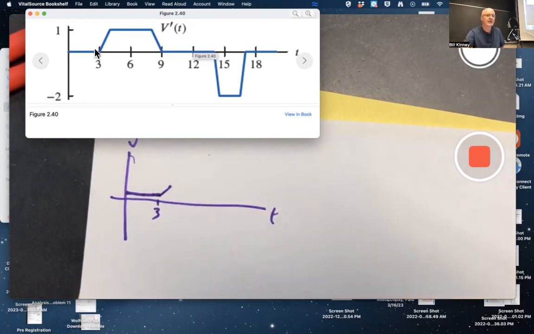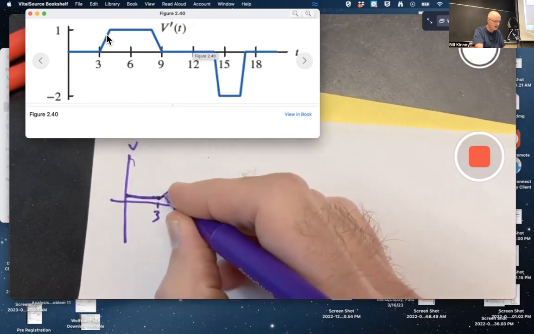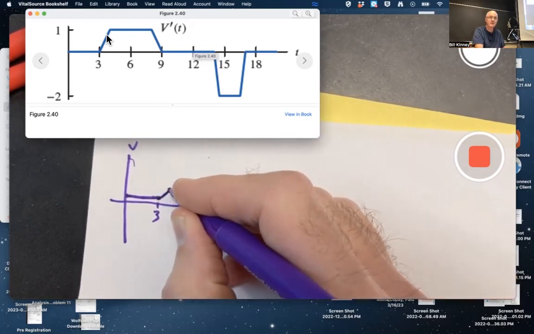It's a little interesting here. V prime increases in a linear way as t goes from 3 to about 3.8 or something, close to 4. And that stays constant for a while. The fact that it's increasing in a linear way here means the graph of the volume actually is going to look like part of a parabola at first.